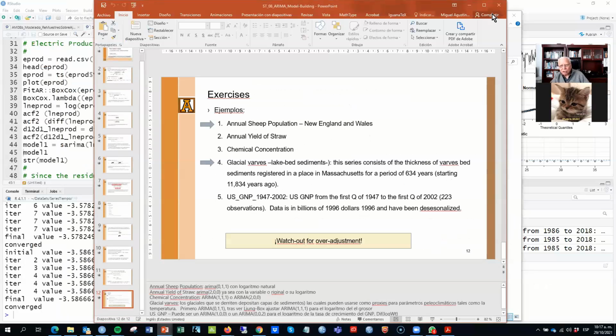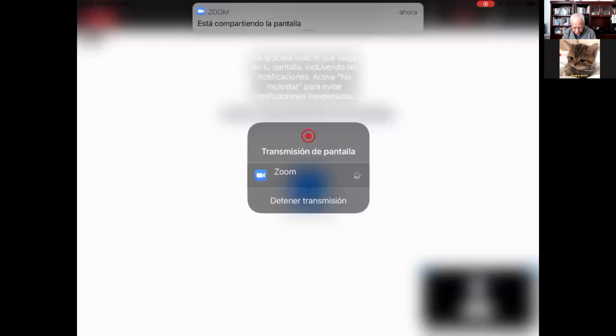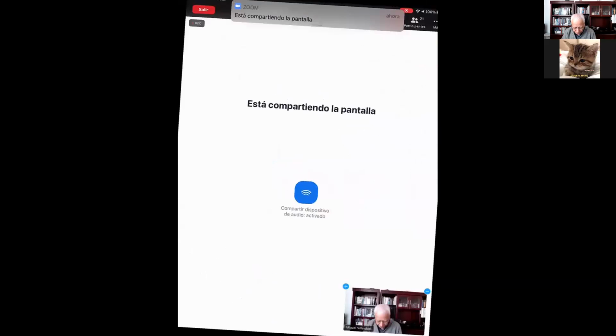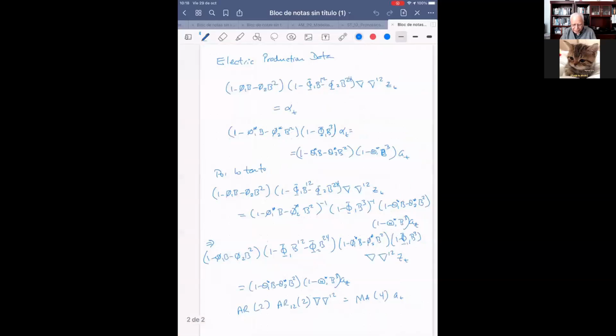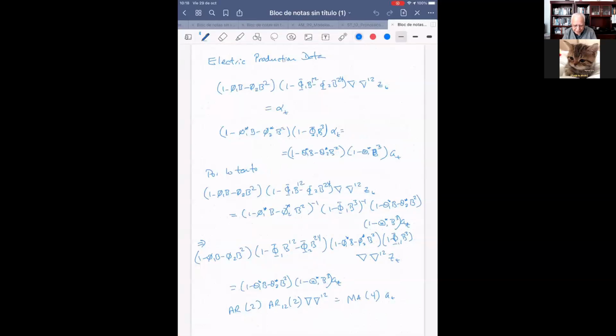So now let me go back. I'm going to stop sharing here, and I'm going to share my screen in the iPad. Okay. This is the electric production data. This is the model we identified, right?